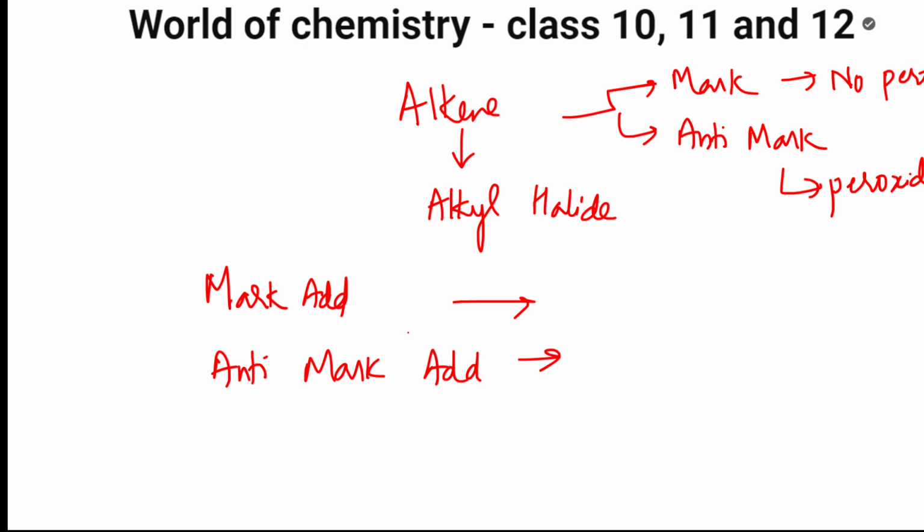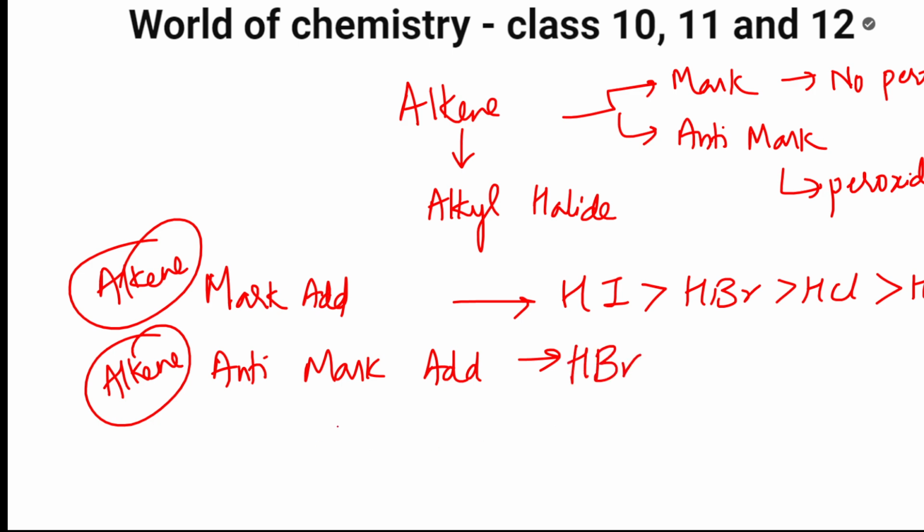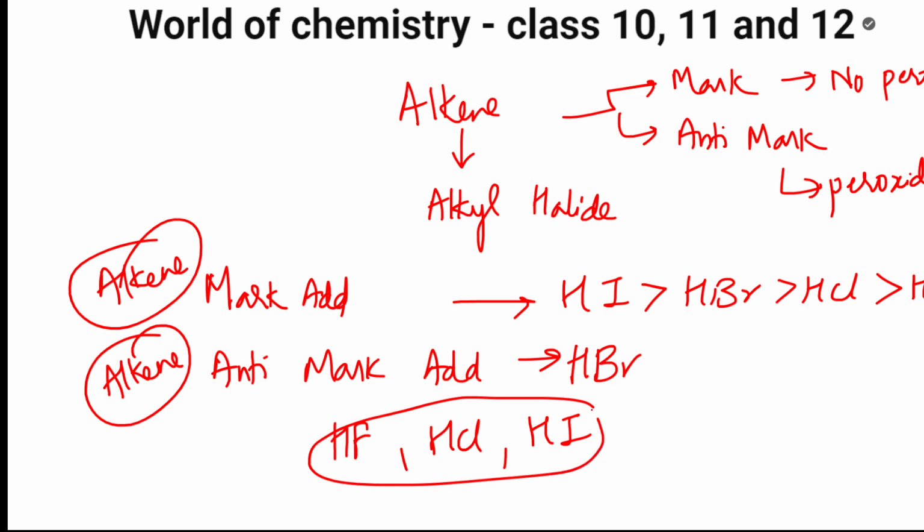In Markovnikov addition, the order is HI greater than HBr greater than HCl greater than HF. In anti-Markovnikov addition, in case of alkene or alkyne, what should you remember, students? Only HBr undergoes the reaction. The remaining HF, HCl, and HI will not undergo reaction in anti-Markovnikov addition.